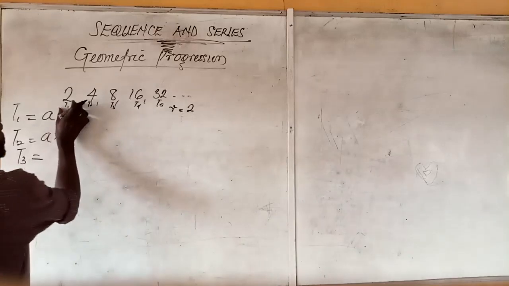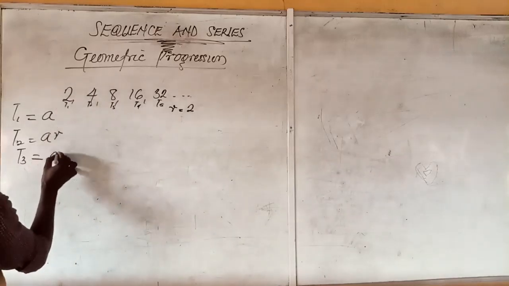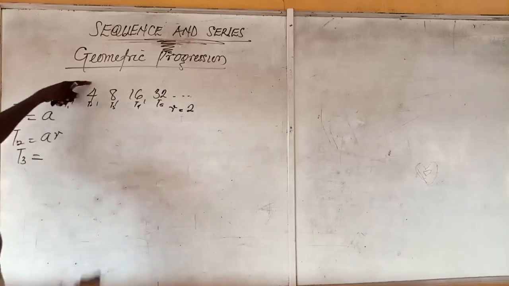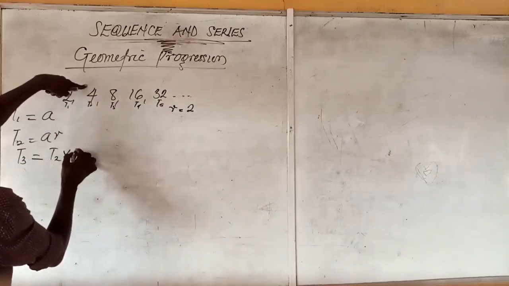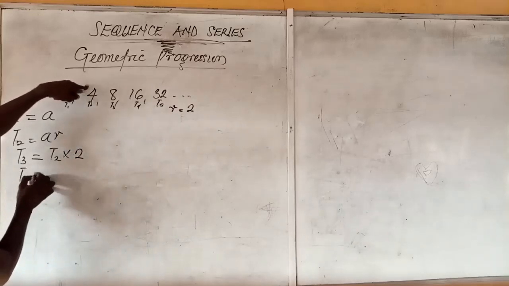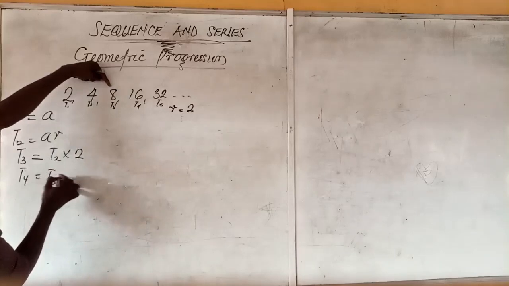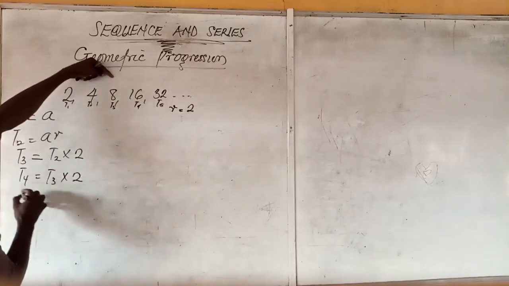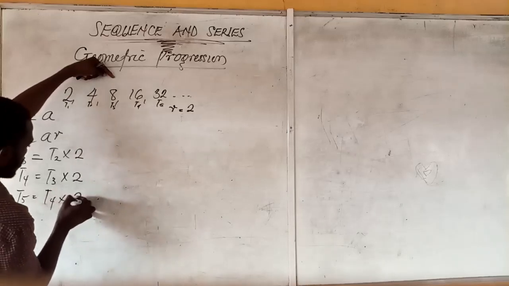T3 will simply be this second term, T2, times the common ratio. T4 will be this T3 times the common ratio. And T5 as well will be T4 times the common ratio.